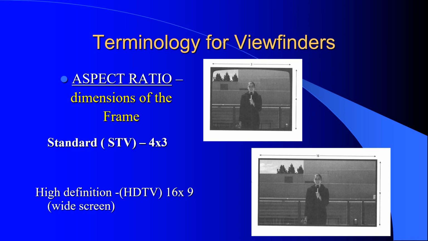So 16 by 9 is a wider screen, 16 units wide by 9 units high. This can also be called widescreen. This was a new kind of technology that film tried in order to get more people back into the theaters in the 1950s. And as high definition, it has now become the standard dimensions for television.